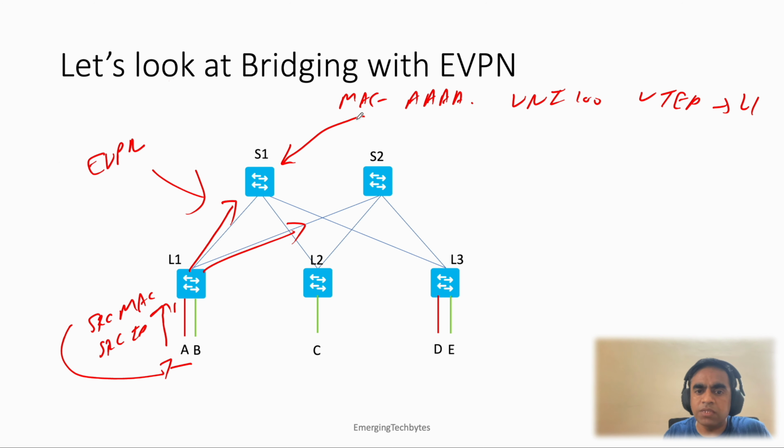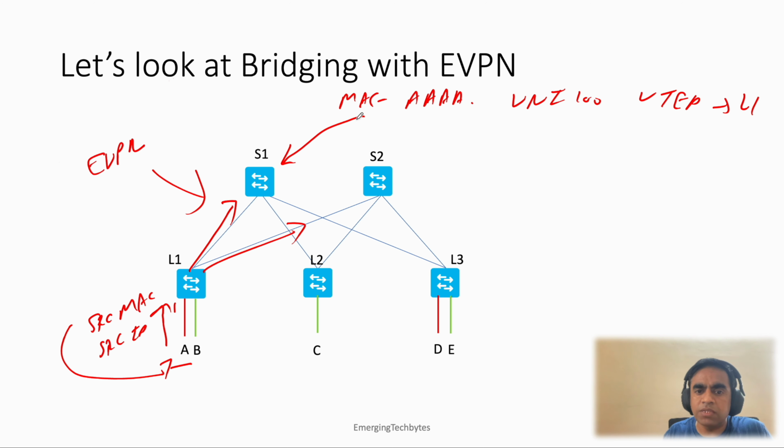That is of A, because D can extract that MAC address from the source MAC field. Here the source MAC was of A, the destination MAC was FFFF. That is how your ARP flooding works. If you don't understand, watch some videos. There is a lot of content. I don't want to go into the depth of that. My point here is to cover this in the context of EVPN.